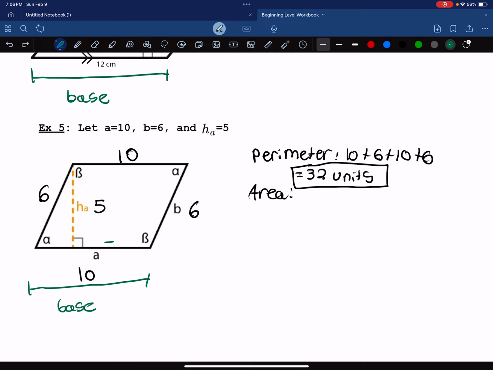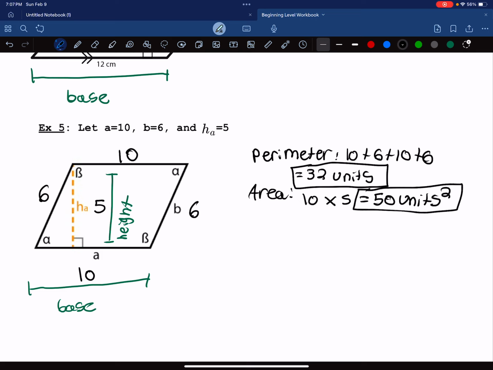Oh, that's not a straight line. So we're going to do 10 times 5. That equals 50. And like I said, we don't have actual measurements, so we're just going to say 50 units. And then because this is area, we're going to square it. So final answer is 50 units squared.